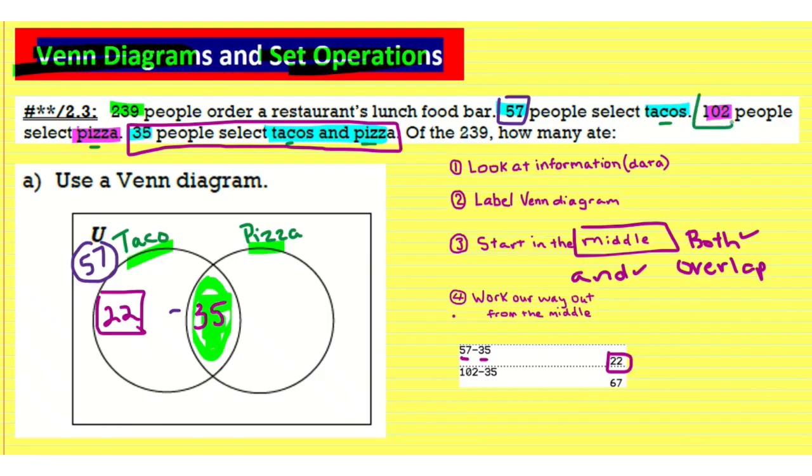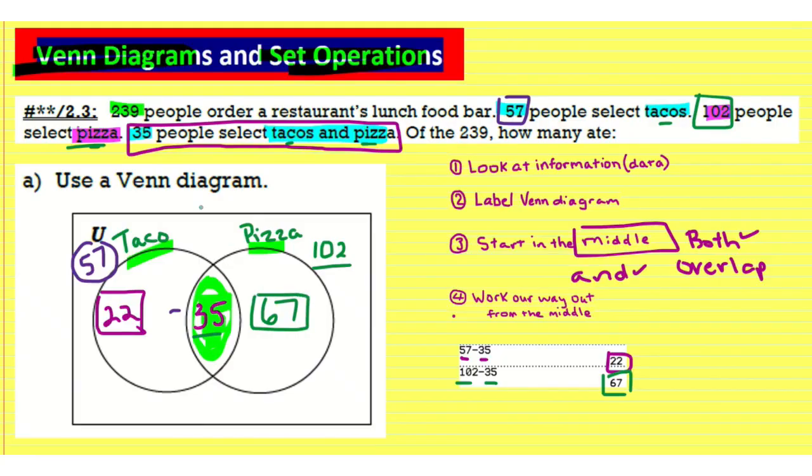It says 102 people selected pizza. So 102 does not go in the circle because we've already accounted for 35 people here in the middle that had pizza as well. We don't want to count those people twice, so we want to do 102 minus the 35. So when we do 102 minus the 35 in the middle of our Venn diagram, we get that 67 people had only pizza.